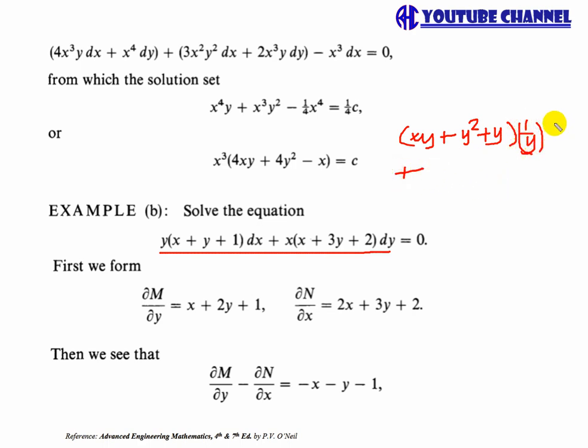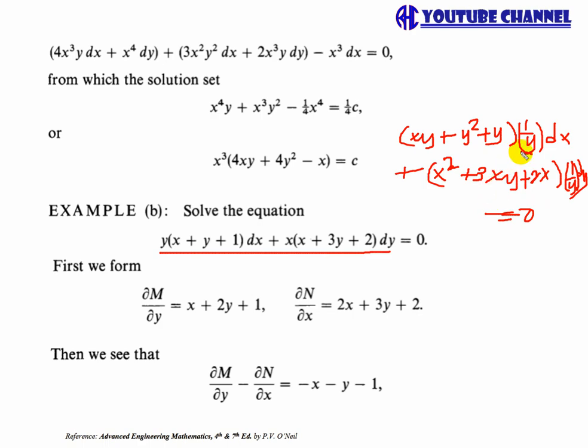Then, plus, of course, yung dx. Okay, plus x times x squared, multiply na lang, plus 3xy plus 2x times 1 over y times dy is equals to 0.